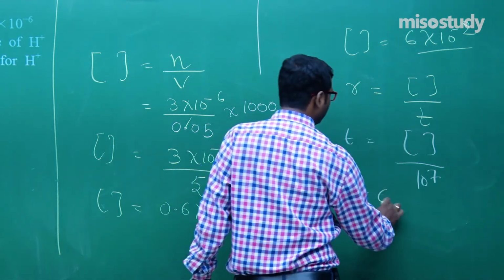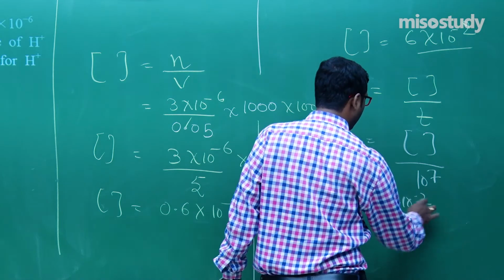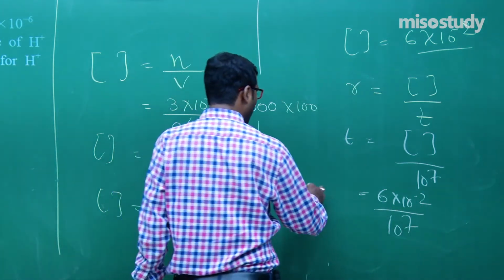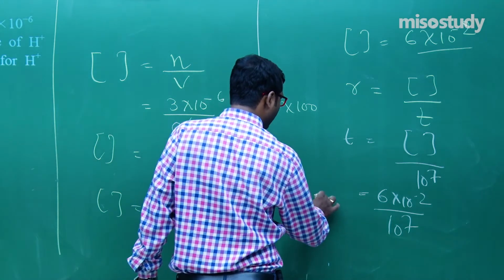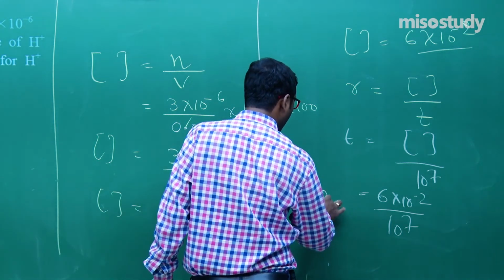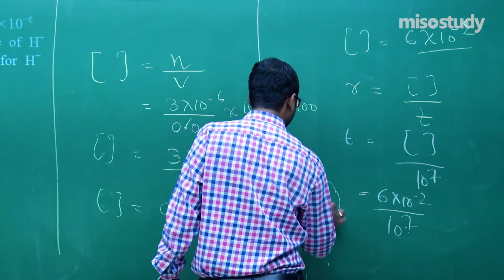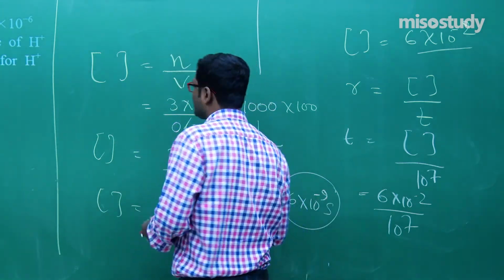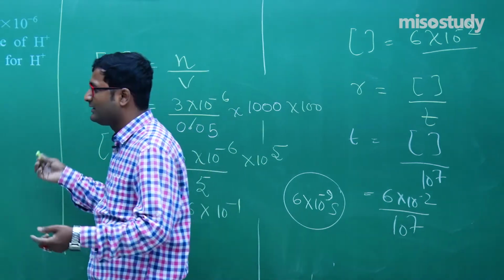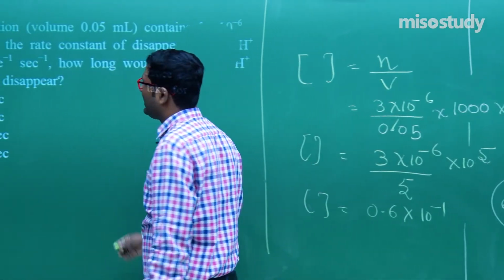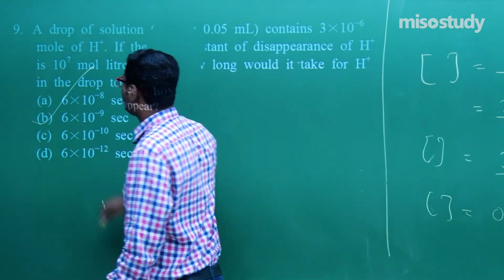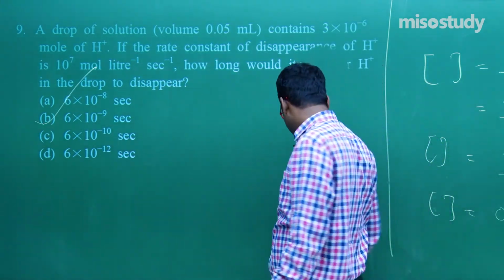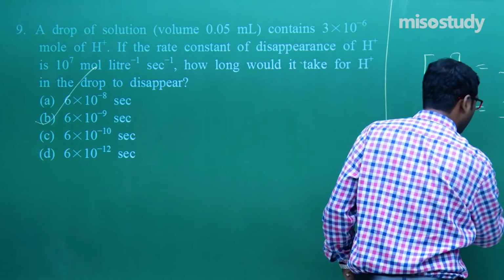Now what is concentration? 6 into 10 to the power minus 2 into 10 to the power 7. So 6 into 10 to the power minus 2 minus 7, which is 6 into 10 to the power minus 9 second. So for this question, what is the correct option? Sir, it is very simple. For this question, B is the correct option. Is it clear what I am telling?